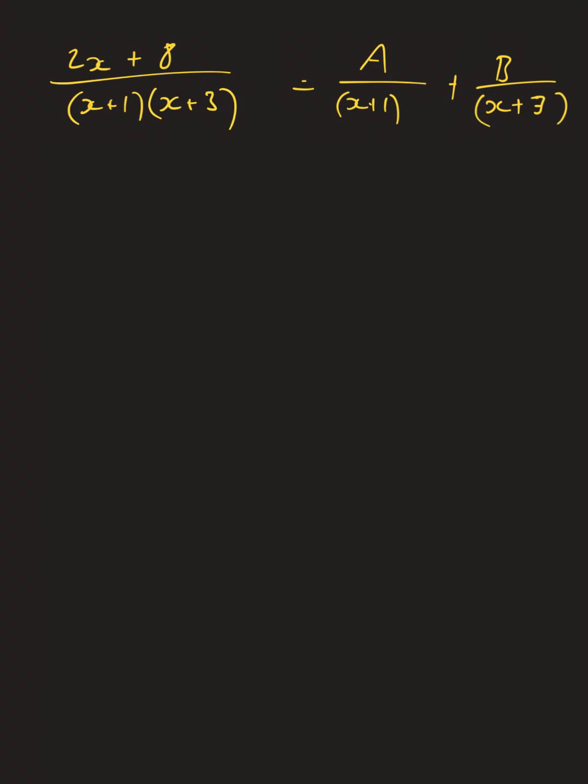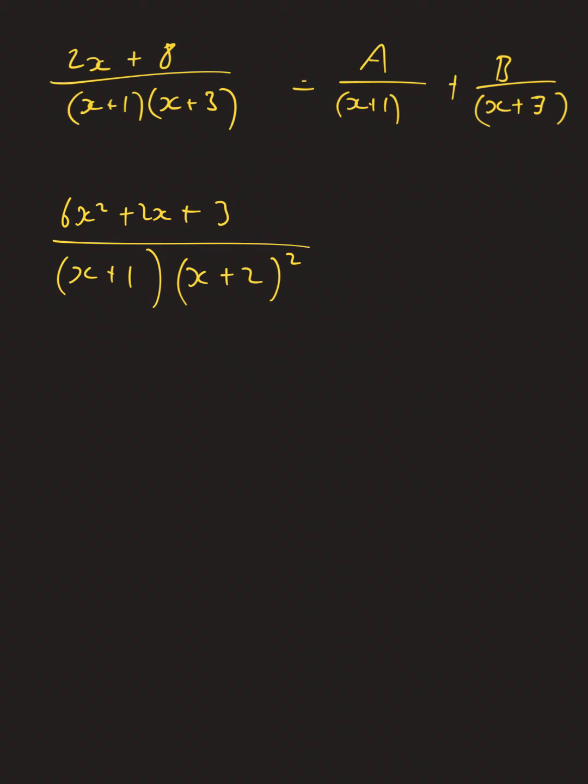Now, if we had something else, let's say we had 6x squared plus 2x plus 3 on top, and on the bottom we have some repeated factor. So let's say we had x plus 2 squared on the bottom there.